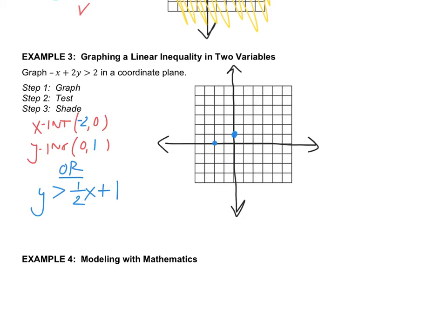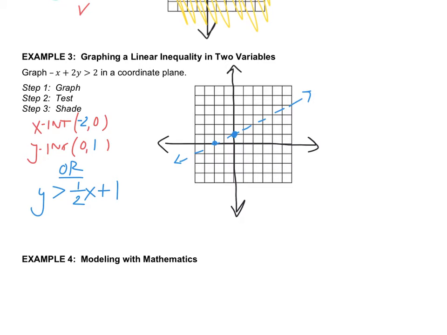Okay? Now remember, we said we needed a dashed line. So that means instead of drawing a straight edge with my ruler, I'm still going to use the ruler, but I'm going to go up with a dashed line. This is like our open circle when we did it on the number lines with the one variable.